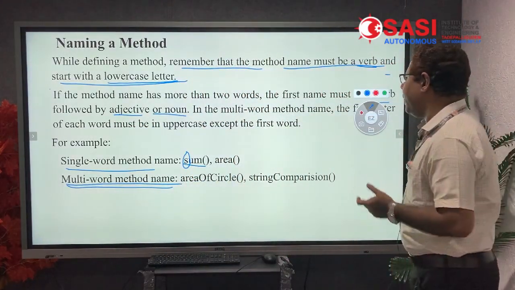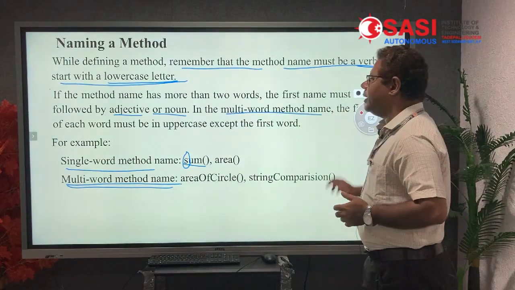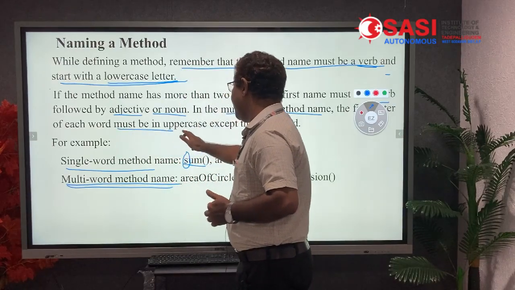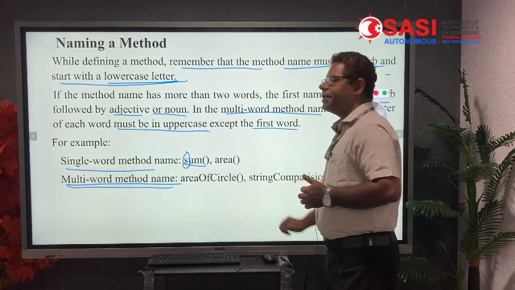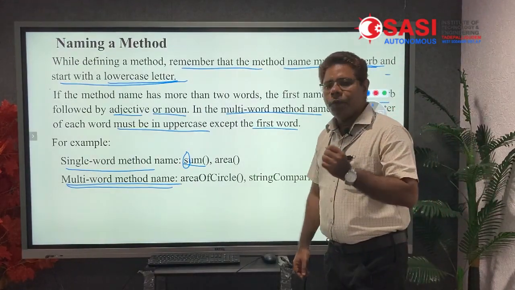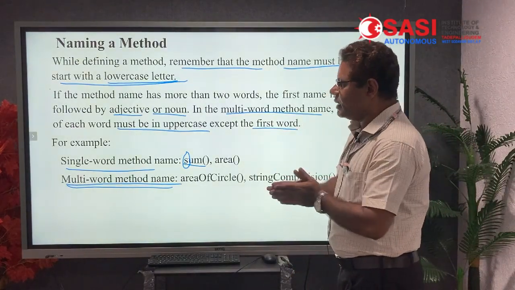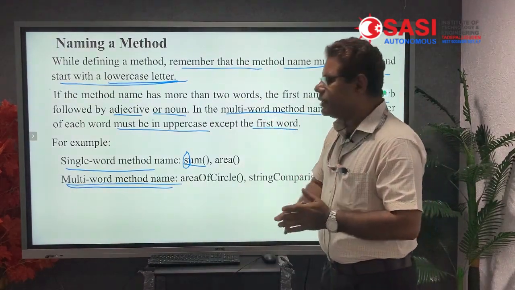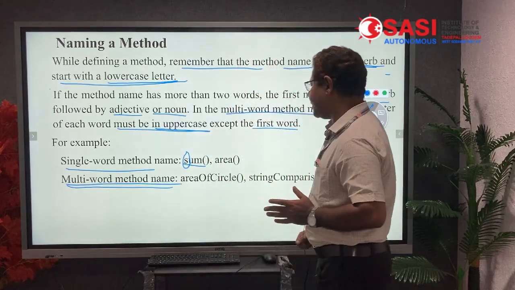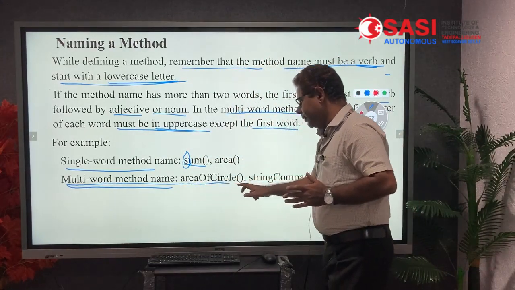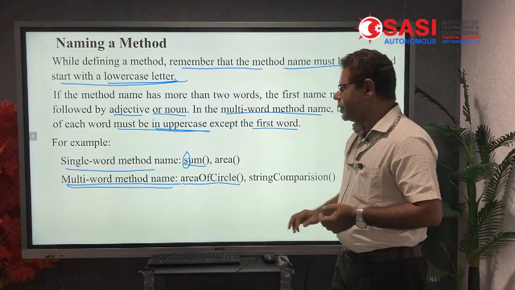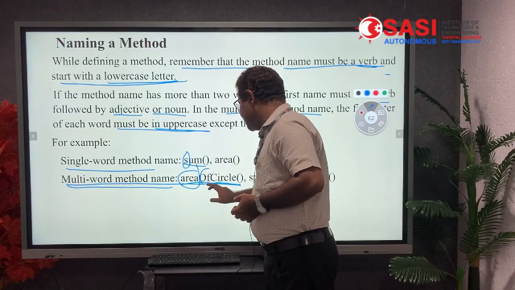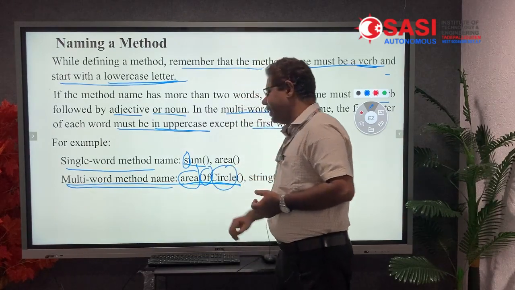The first letter of each word must be an uppercase letter, except the first word, which starts with a lowercase letter. For example, areaOfCircle is a multi-word method name. Area is one word, of is another word, and circle is another word.